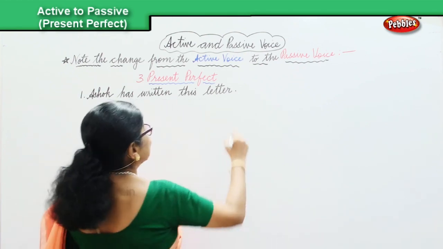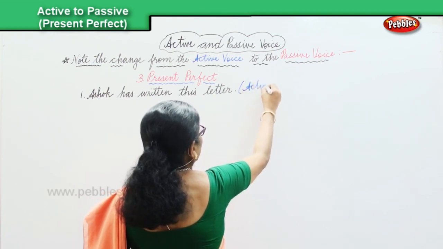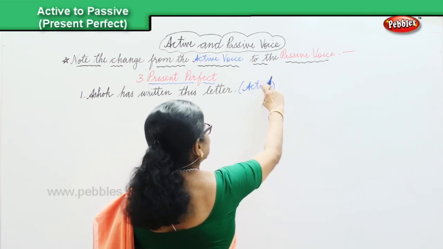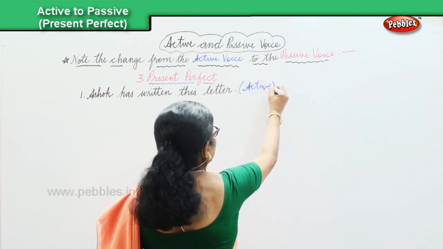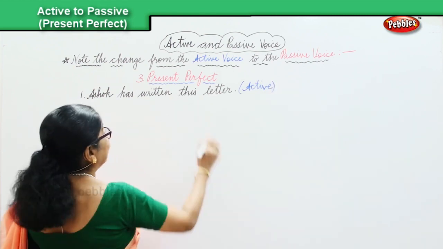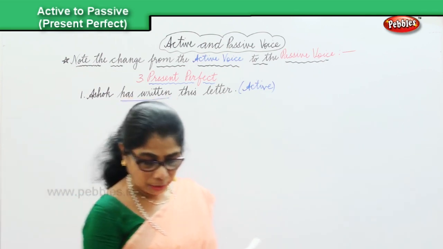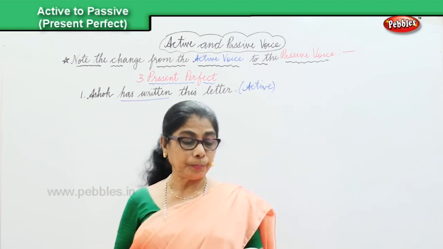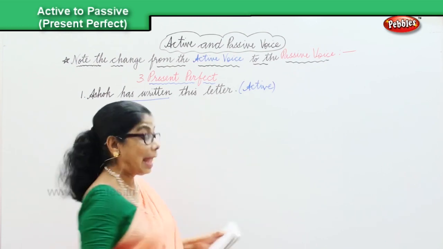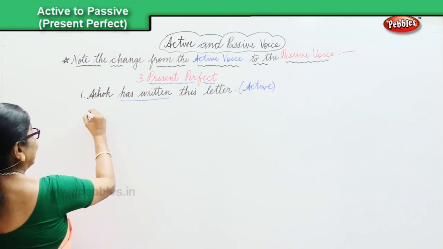Ashok has written it, active. So we are looking at the active voice in the first sentence. Now, change over from the active into the passive. Now, has written. That's the verb. Now, let's look at change over. This letter has been written by Ashok.